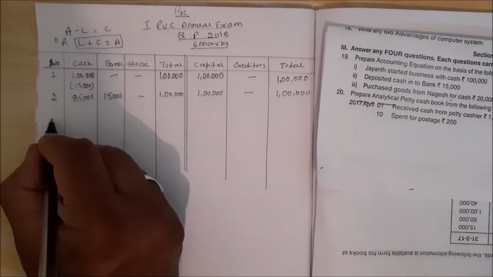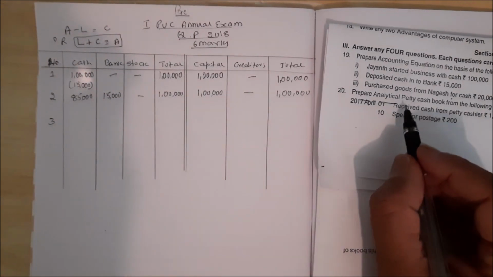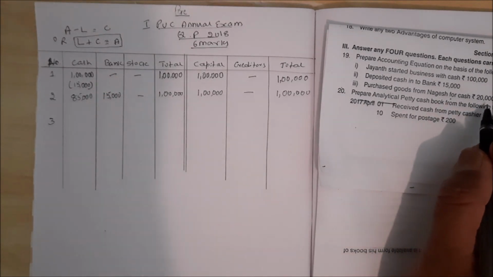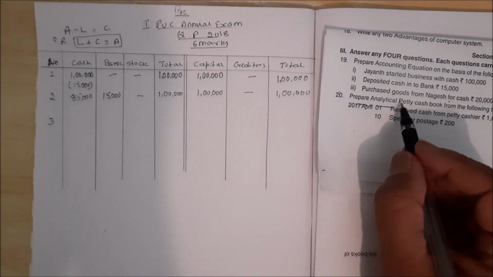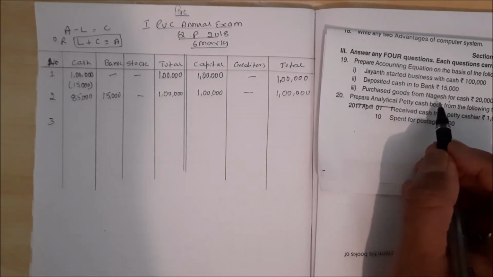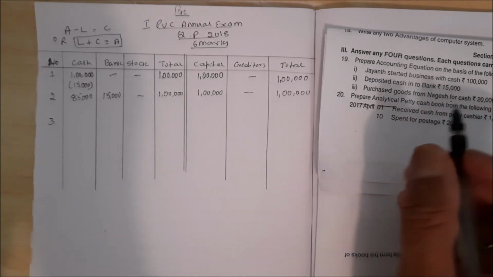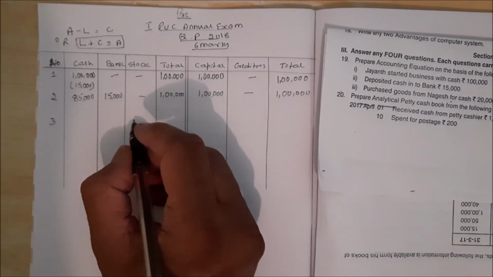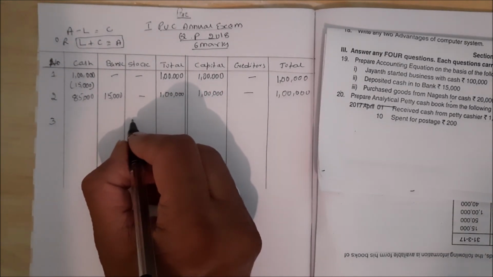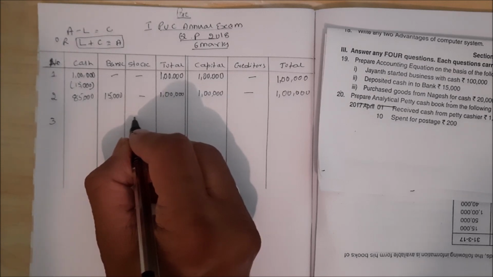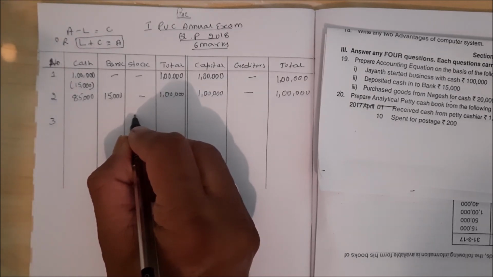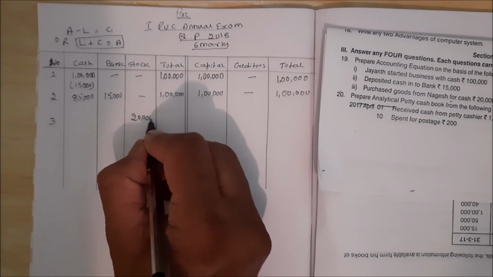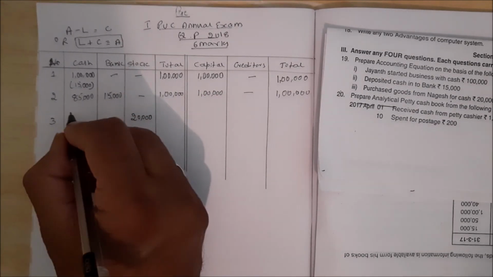Then let us take the third transaction. Purchased goods from Nagesh for cash 20,000. That means you have taken goods from Nagesh. Purchases means it is a stock. Stock is how much actually? 20,000. From where you are paying?